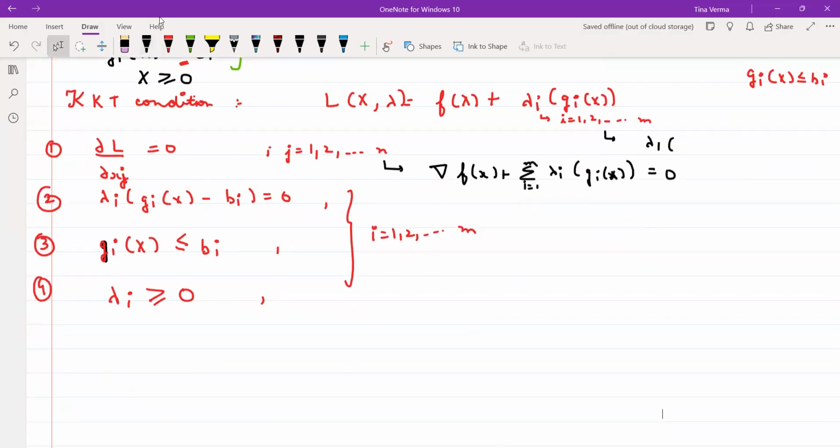These are your 4 conditions. From these 4 conditions you find the point for the maximization or minimization.